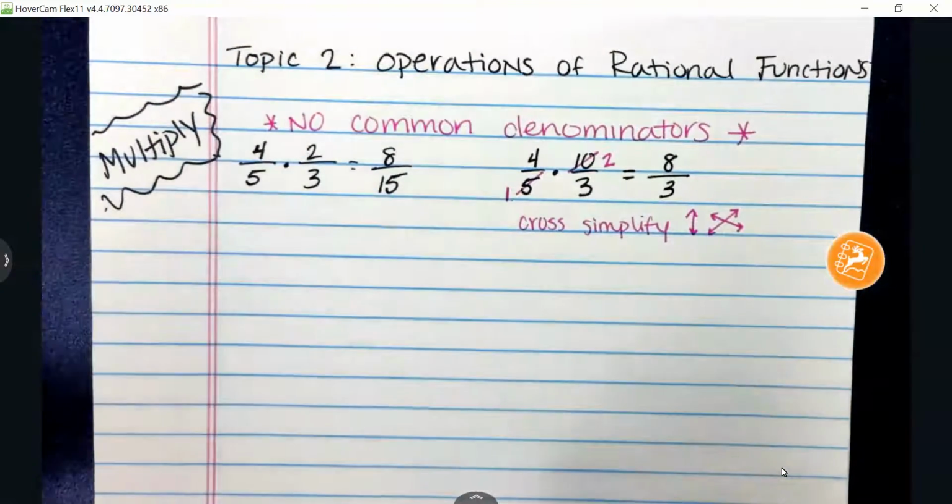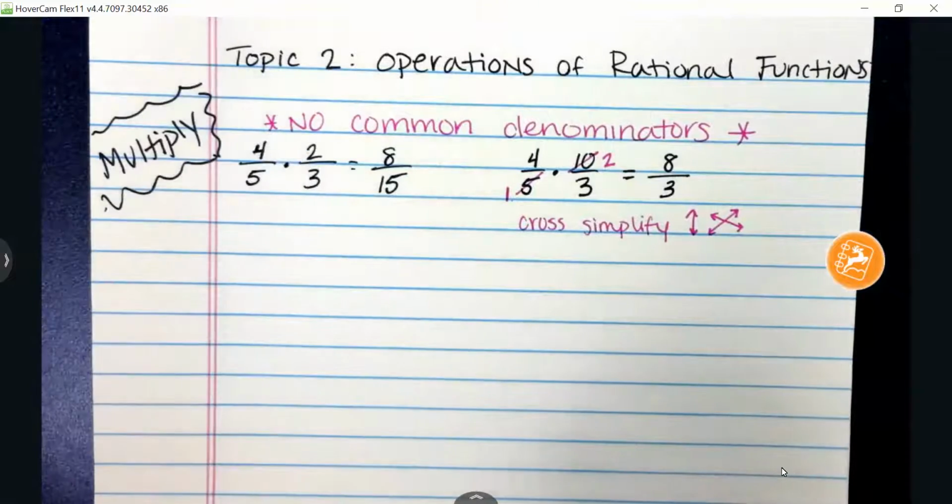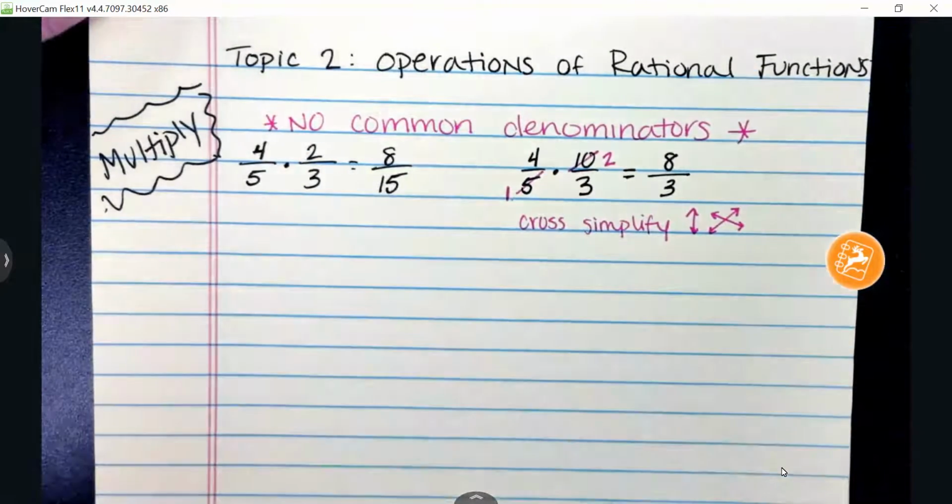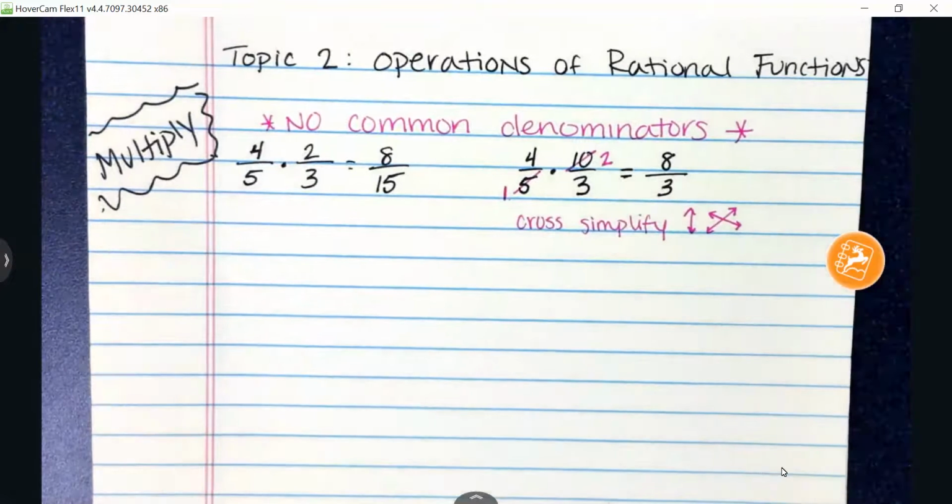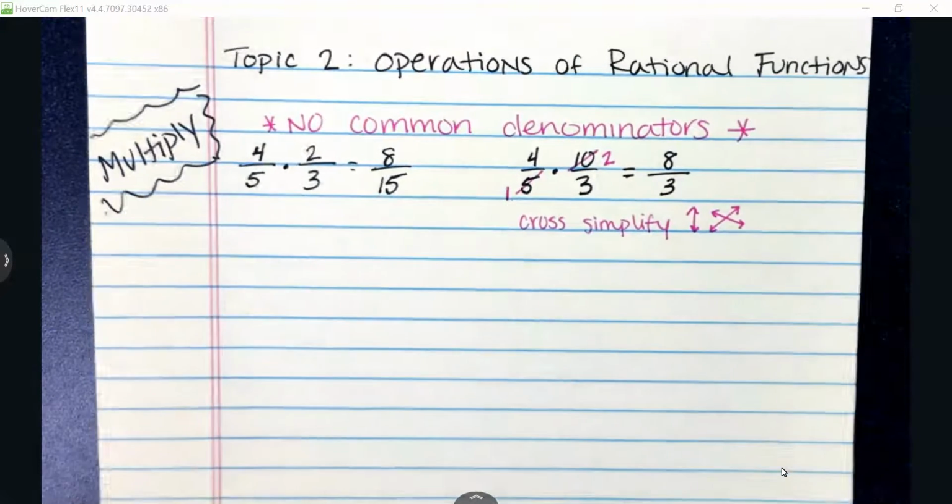So you really are going to have to know how to cross simplify to be successful in these problems, okay? So let's go to rationals now. So my first example, and if you are not nice and neat, this is going to be a hot mess. So you have to keep your work nice and neat.